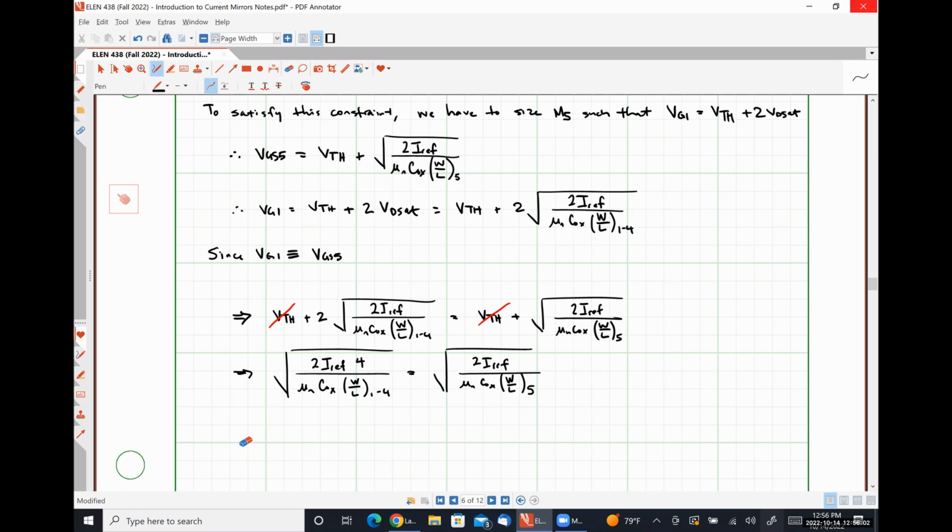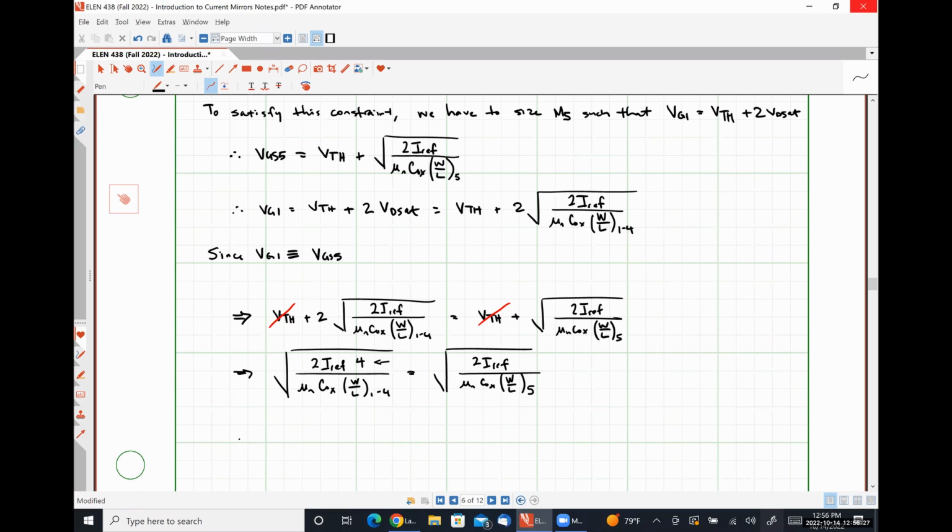The only things that have any variance here are our aspect ratios, right? So if we have a specific aspect ratio for transistors 1 through 4, then transistor 5's aspect ratio has to be at least 4 times as large, in order to force these voltages to be equal, right?